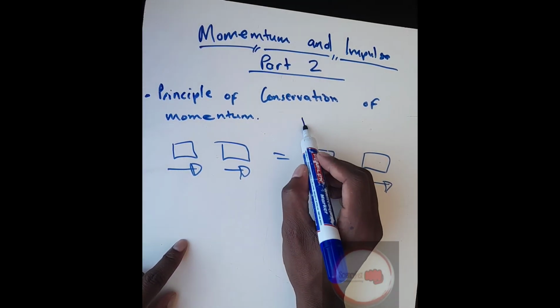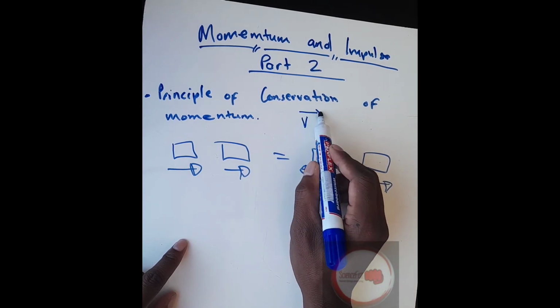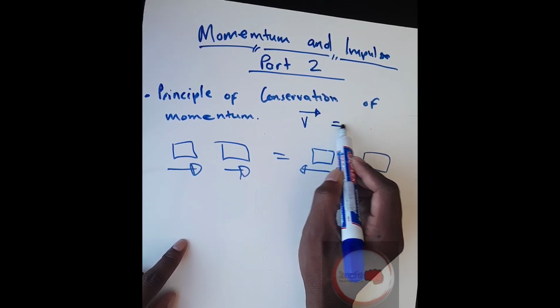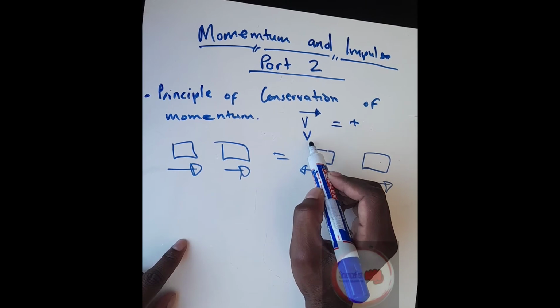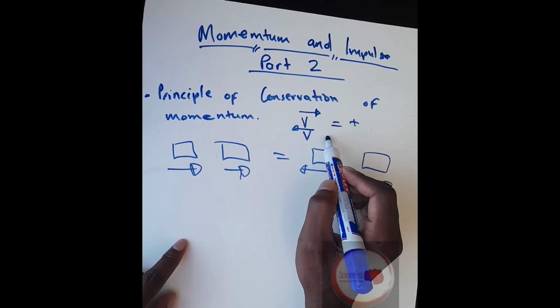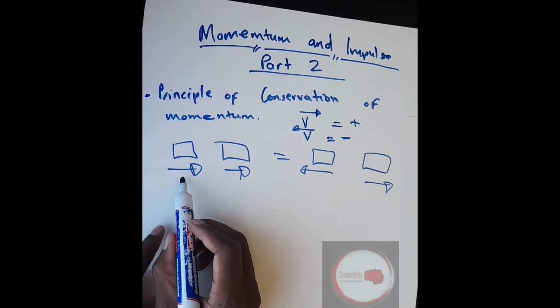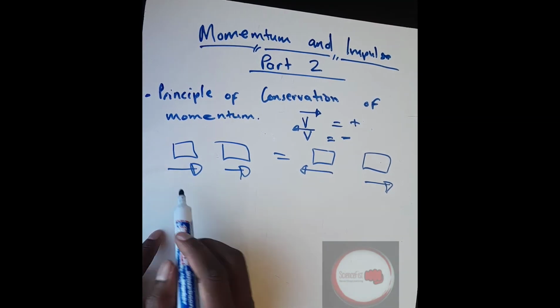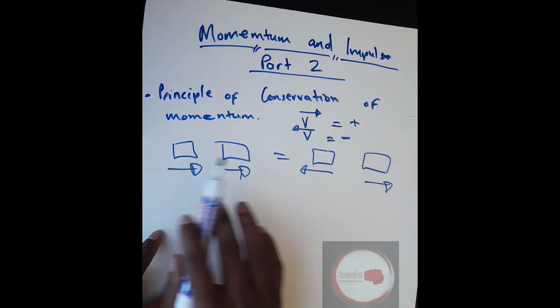So you can say V to the right is equal to positive, and then V to the left is equal to negative. So then here you would have, remember they are separate, all of them before and after they are separate.